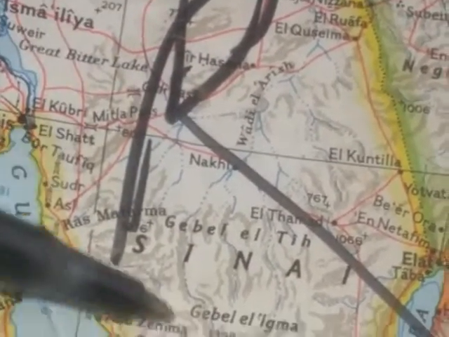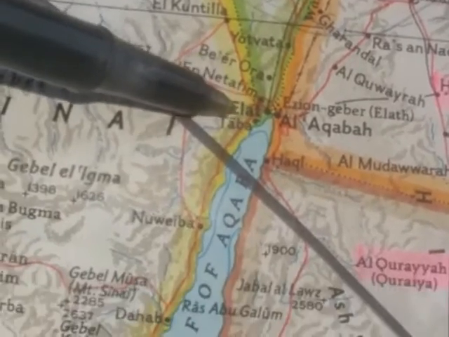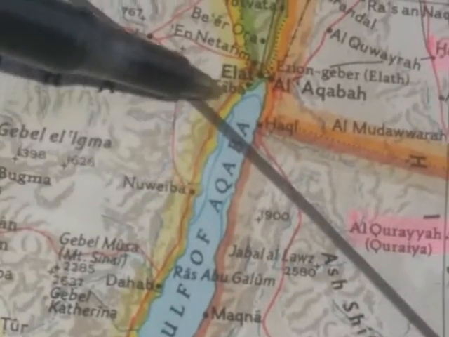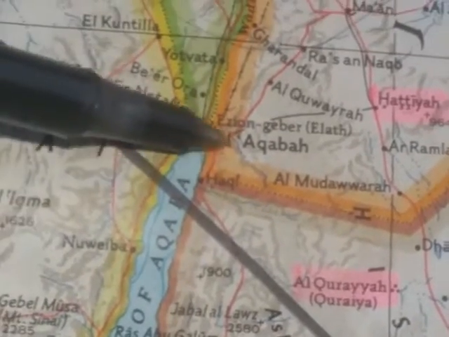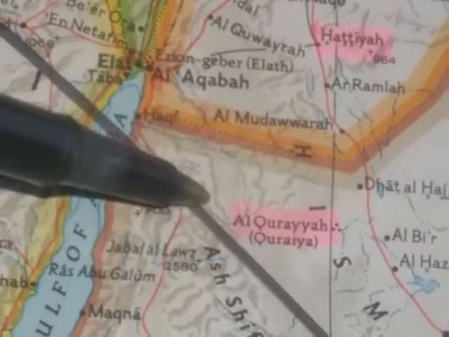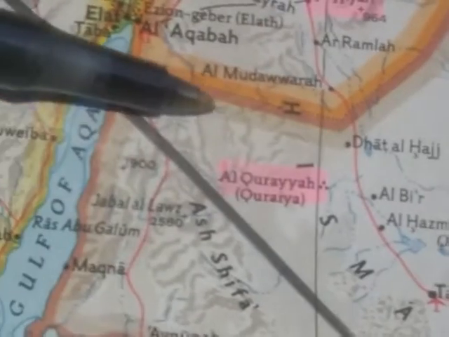And they went down this location around here before they eventually came up here and tried to enter, by the Gulf of Aqaba, into here, the territory of Esau, Edom. The modern term today, they call it Saudi Arabia.